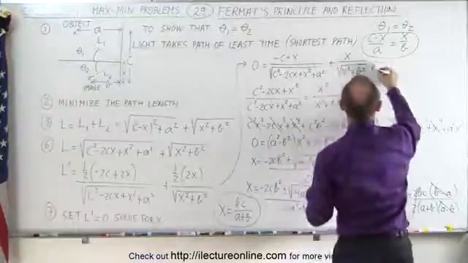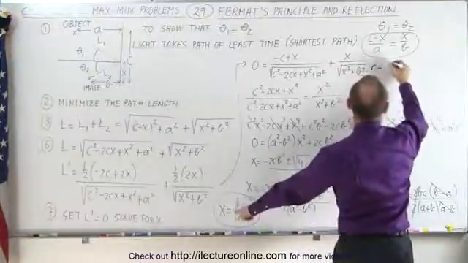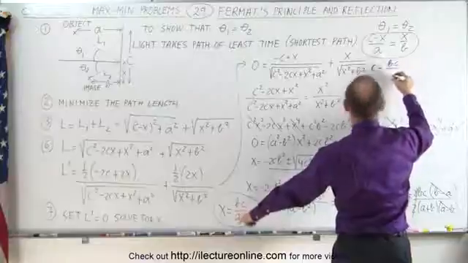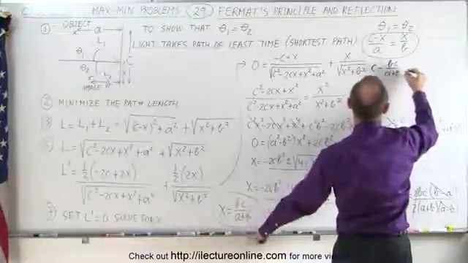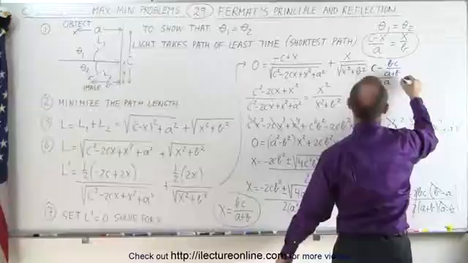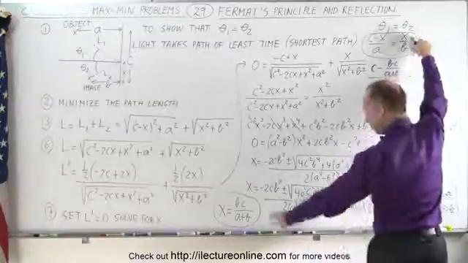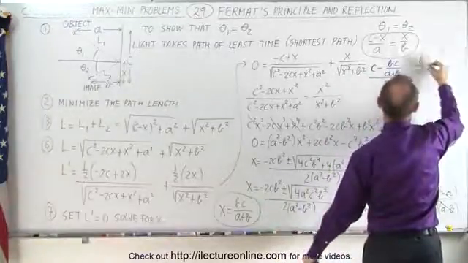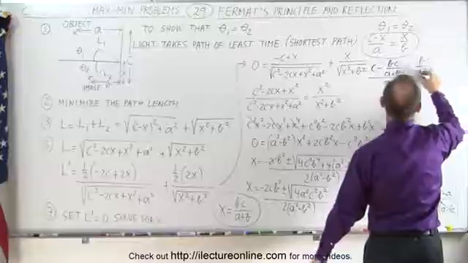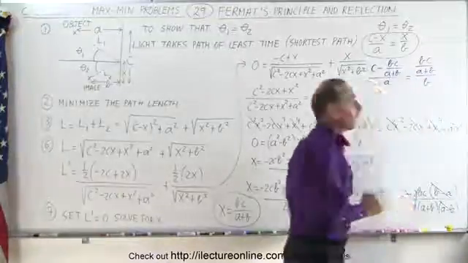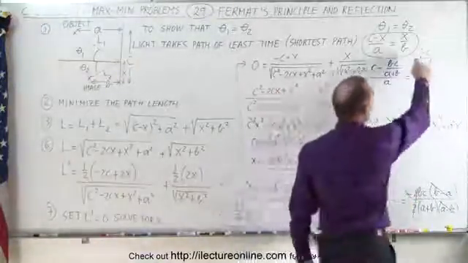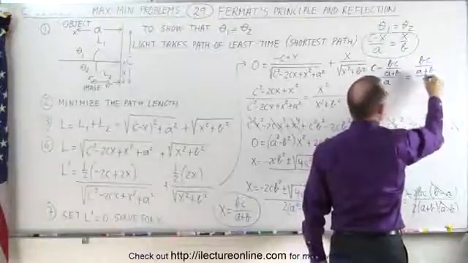So we have c minus x, which is bc over a plus b. The whole thing divided by a is equal to, instead of x, we write bc over a plus b divided by b. Now notice that on the right side we have a b in the numerator, and with b in the denominator, that cancels out.